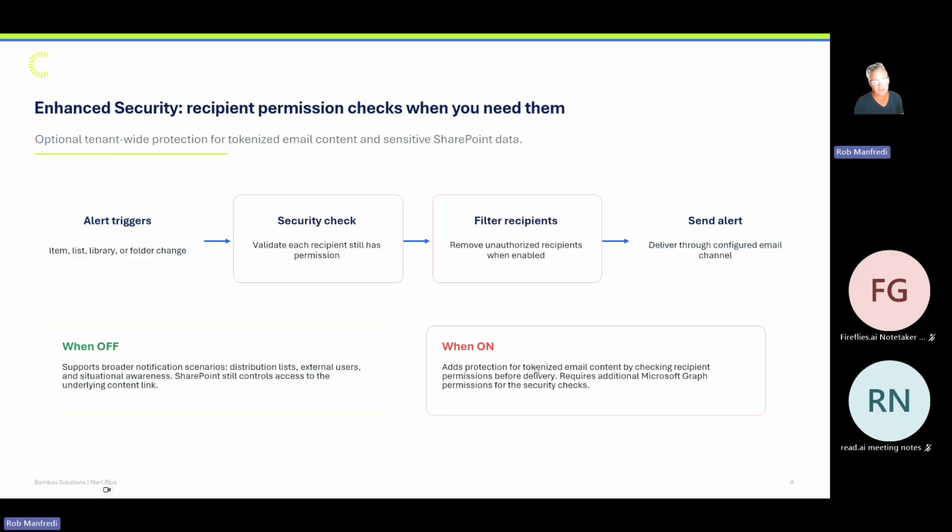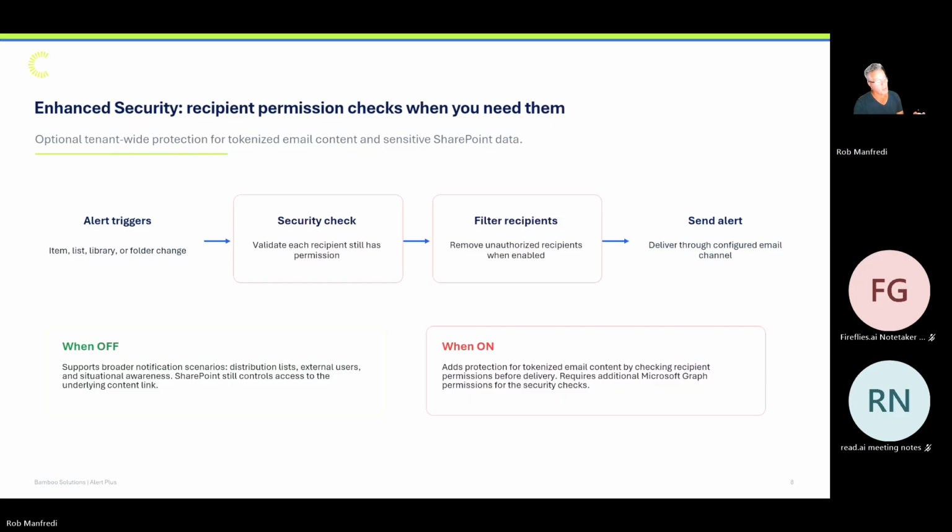However, if you turn the security feature on, we actually validate each of the recipients in the alert to see if they still have permissions to that list or library. If they don't, we remove the unauthorized recipients, and then the alert is configured only for those who still have permissions to view the list or item.